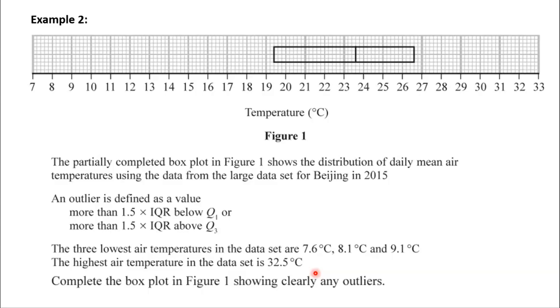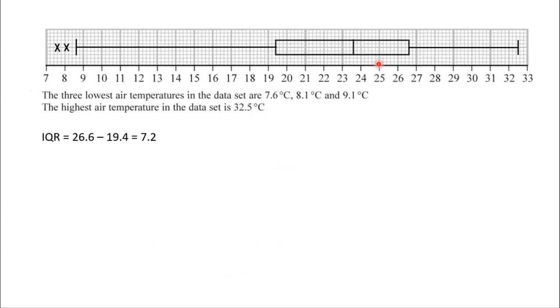So let's go through the answers. We are asked to complete the box plot at the top of this slide. The interquartile range, as you can see, must be Q3, which is 26.6, take away Q1, which is 19.4, because one small square is 0.1.